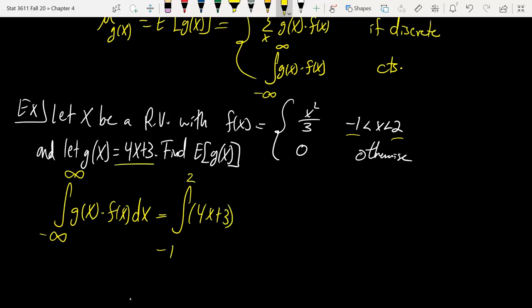So g of x, substitute that whole function in there, times f of x. F of x, our PDF, is x squared over 3, dx. And now, there we go. That's the setup. So if we get to that stage, that is the new part of the problem. Then we should be good to go. We have to put on our calculus hats and try to solve the integration from there.